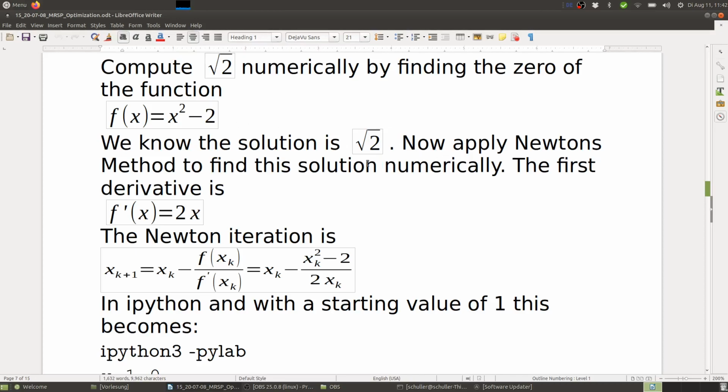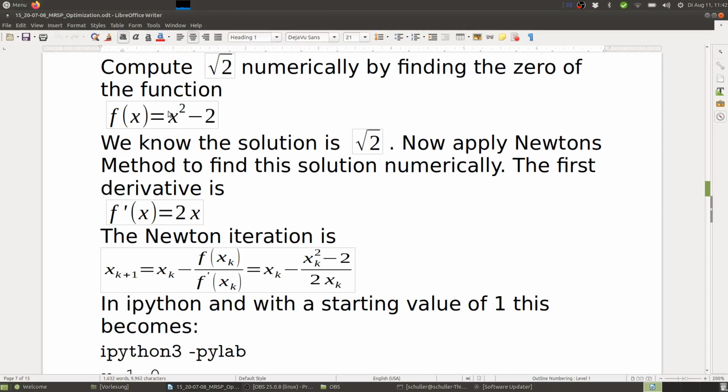So now we can apply Newton's method to find this solution numerically. First we compute the derivative. Here we have a closed form solution. Right, the derivative of this function here, which we want to find the 0 for, is simply 2x. So you can see also this concrete number doesn't really matter because it disappears in the first derivative.